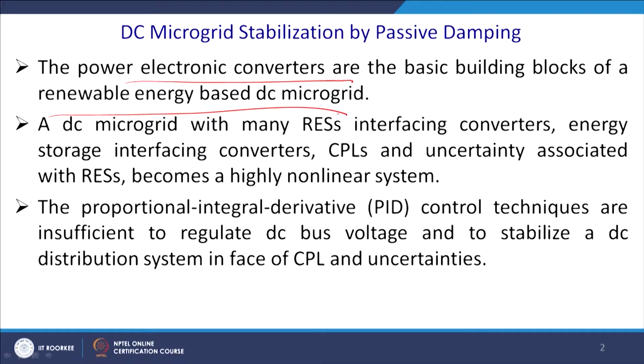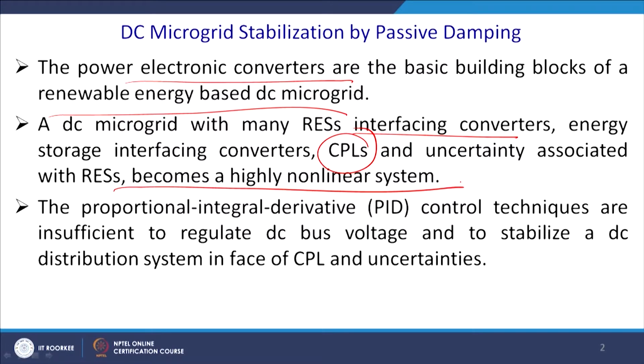These DC microgrids mainly consist of energy resources of renewable energy and storage elements interfacing with the converters, the energy storage interfacing with the converter, and the constant power loads, and the uncertainty associated with these energy resources because of the varying nature of renewable energies makes this system highly nonlinear.